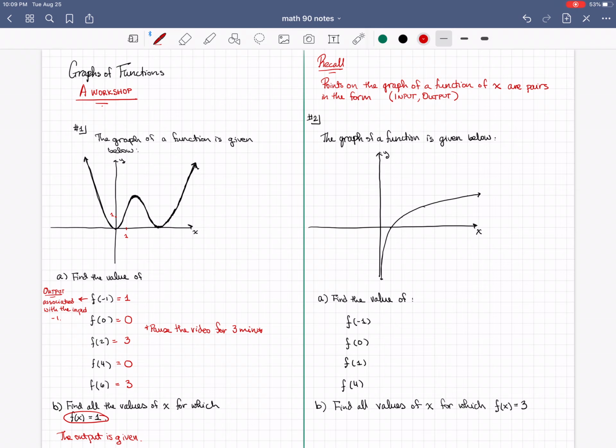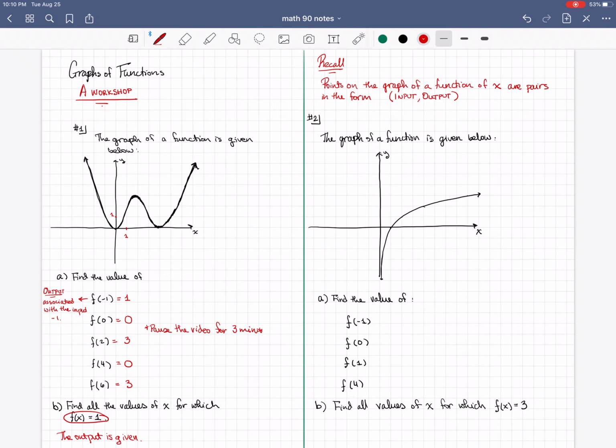So notice that there's the possibility that the answer here is more than one value, because again, with functions, no input can correspond to more than one output, but you can have the same output that more than one input matches to. So that's totally fine, right? So there can absolutely be more than one answer to question B, even though there will not be more than one answer for any of the parts of question A.